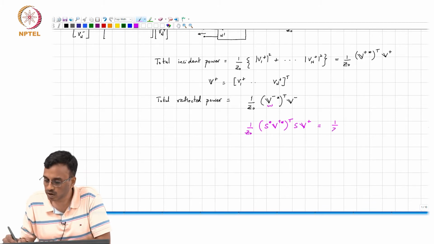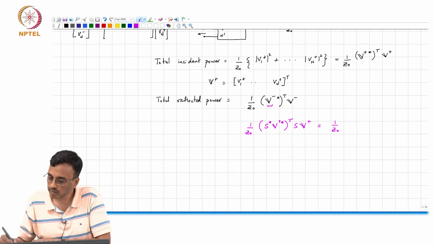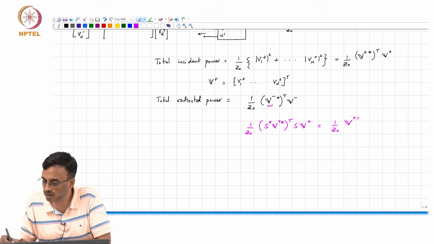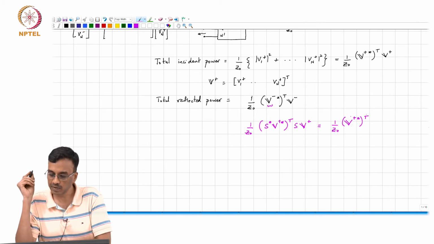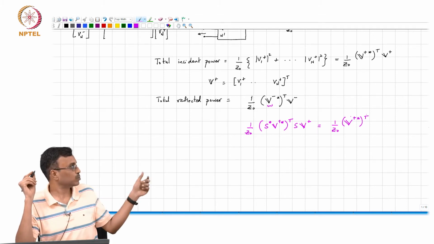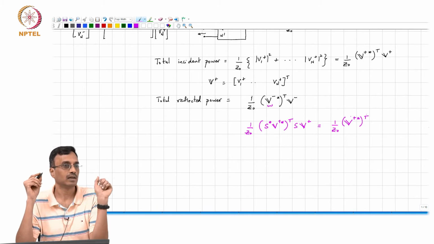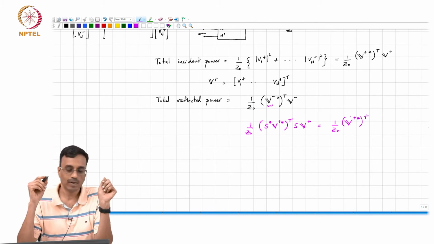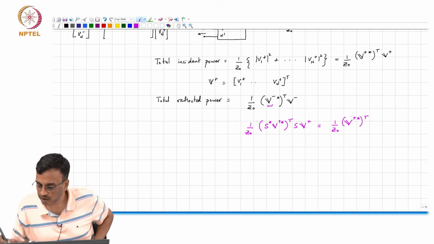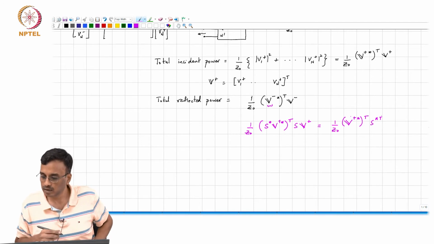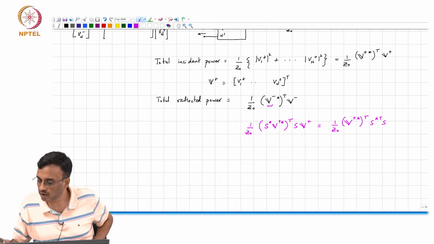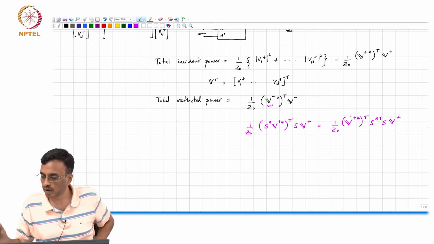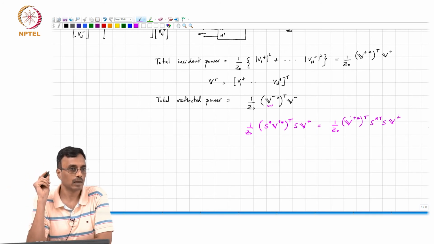So, this is 1 over Z naught times V plus star transpose times, the transpose of the product is nothing but, I have to flip the order when you expand it out. So, that is basically S star transpose times S times V plus. Does it make sense, people?